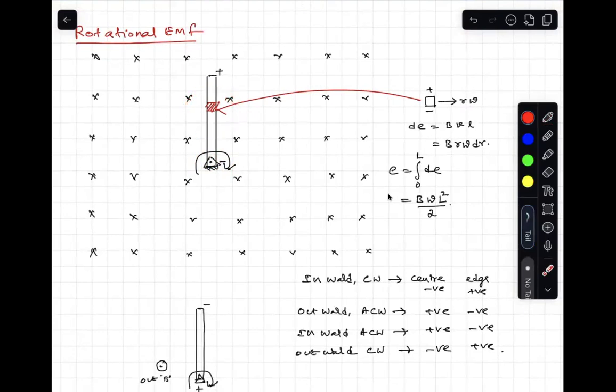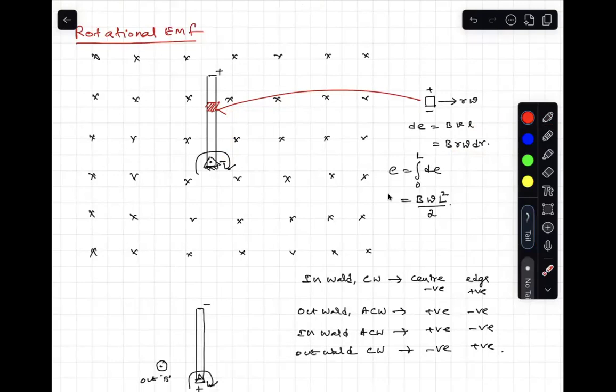Even at this instant, this element has a linear velocity v. That element alone will now act as a rod with the lower end minus, upper end plus, because I have already given the explanation. The EMF contribution by this element is BvL. Bv represents Rω, and the length of the element is dr. All such EMFs you add from 0 to L. You will get BωL square by 2.